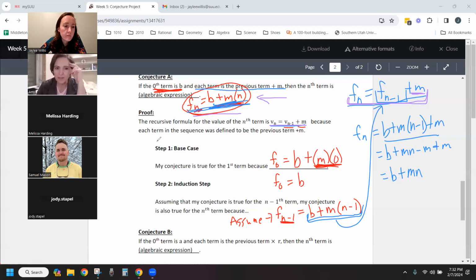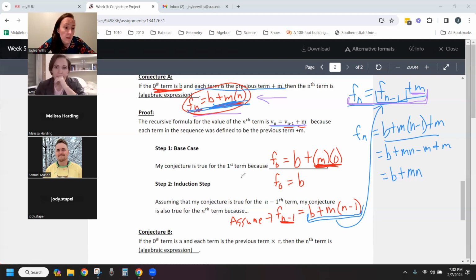Then you come down to the base case, my conjecture is true for the first term because f of 0, the function when 0 is the input, is b plus m times 0. Since 0 is part of our series, is that why you want to use this? Because in our previous one, we used f of 1 because 1 was our first thing in the series. Is that how you do this?